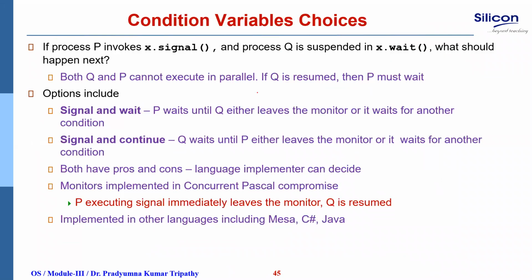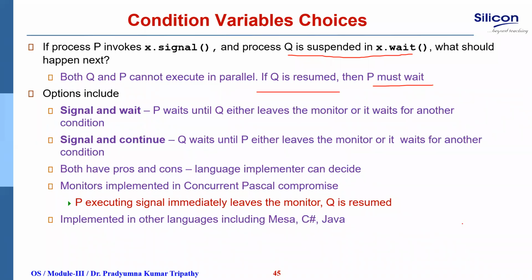Both Q and P cannot execute in parallel. If Q is resumed, then P must wait. If Q was earlier suspended, it may be given permission to resume, and at that time P must wait.